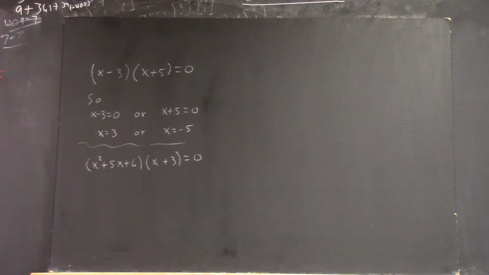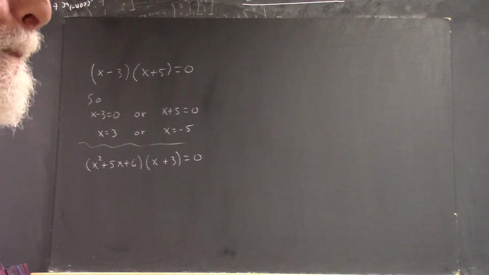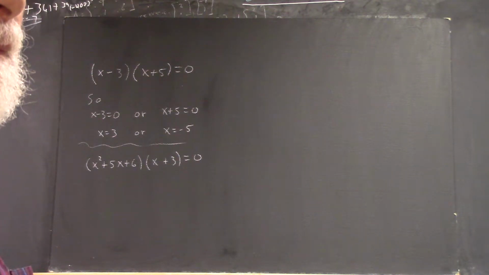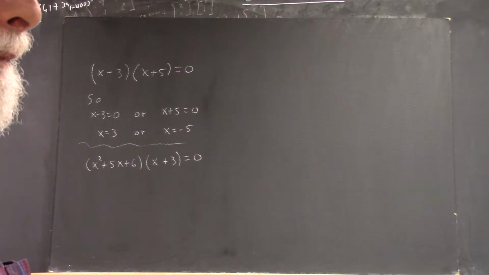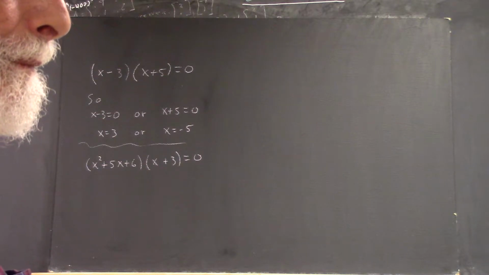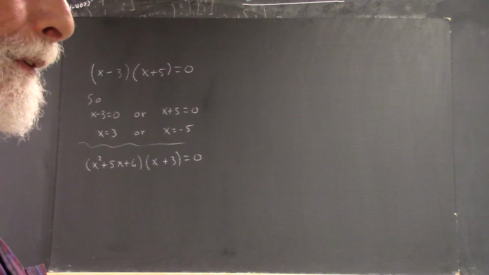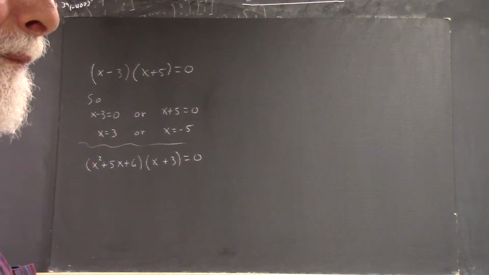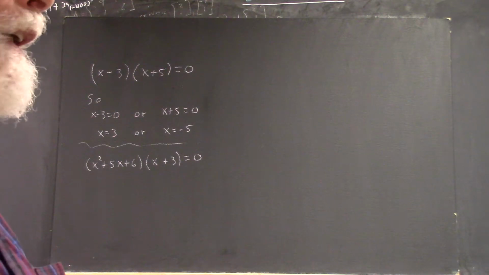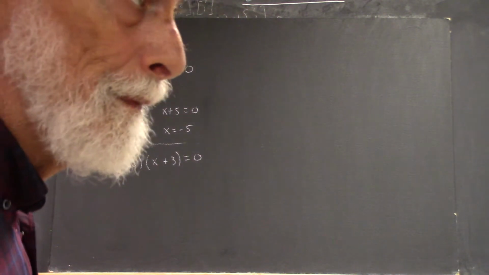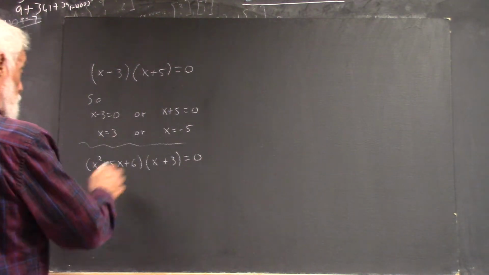Then what can you immediately say? Don't try to tell me what x is, just tell me what you can immediately say about this. I mean, you can see that if x is negative 3, you're going to get 0, but don't even say that. Well, you could say the same thing I did here, but with these expressions.